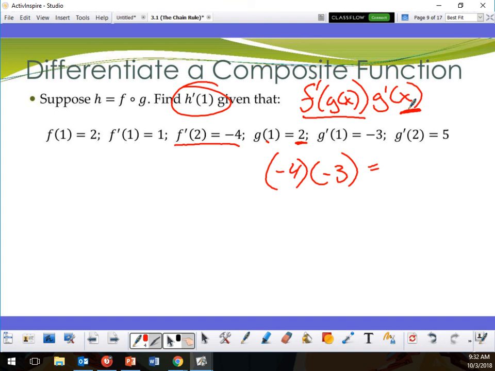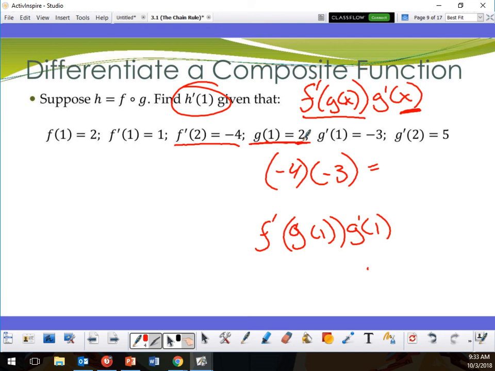Okay, so now it should look like this. G prime of 1, and then it's going to be f prime of g of 1. What is g of 1? 2, right?